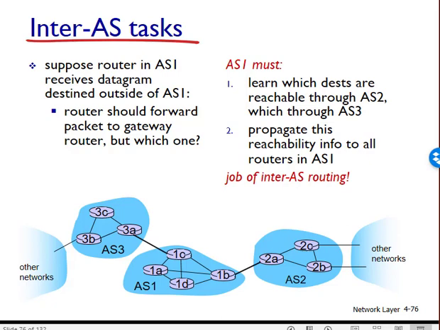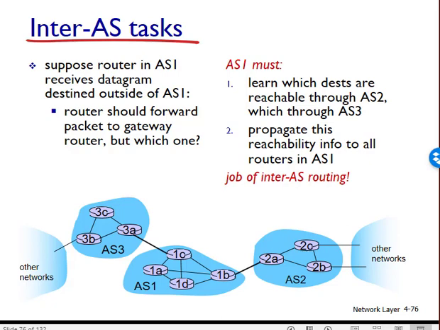As an example, suppose router 2B in this figure receives a packet whose destination is outside of autonomous system 2. Router 2B will then forward the packet to either router 2A or router 2C as specified by router 2B's forwarding table, which was configured by Autonomous System 2, or AS2's, intra-autonomous system routing protocol.